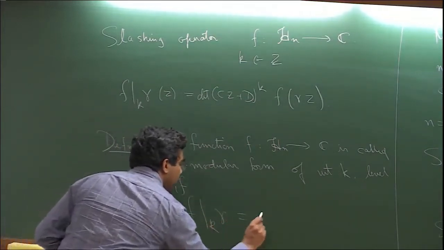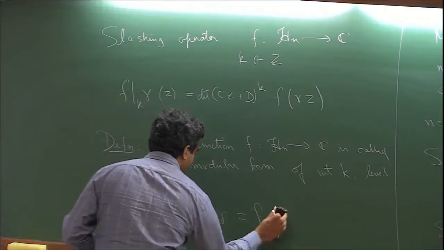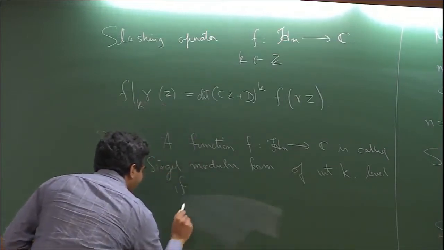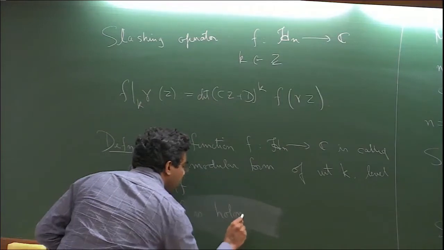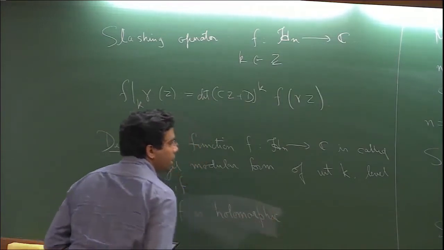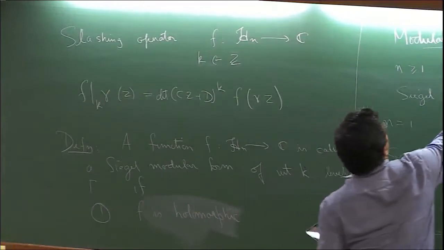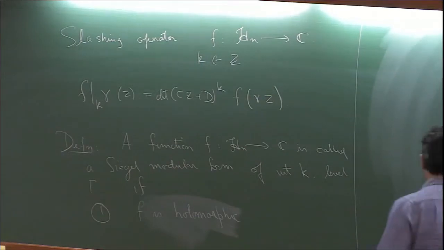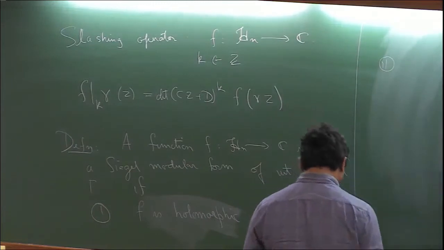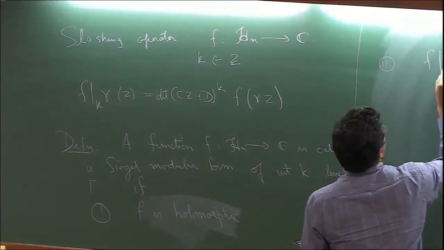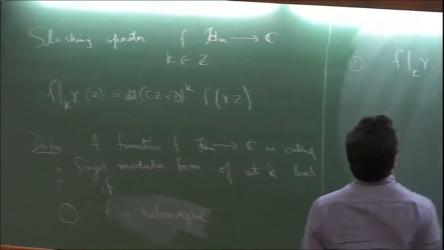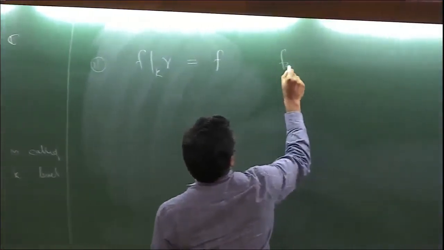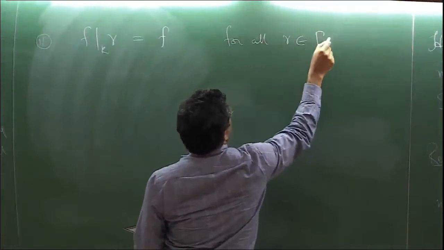Let me stick to my notes and write: one, f is holomorphic on Hn. Two, f slash gamma is f for all gamma in this congruence subgroup gamma.